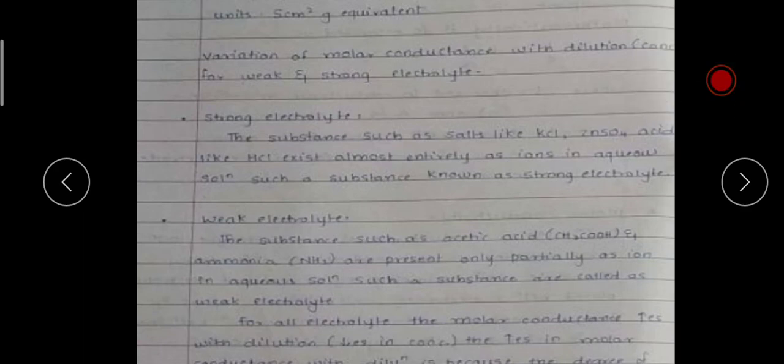As you know, substances like salts such as KCl and zinc sulfate, and acids like HCl, exist almost entirely as ions in aqueous solution.